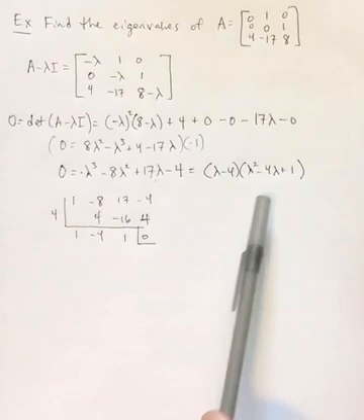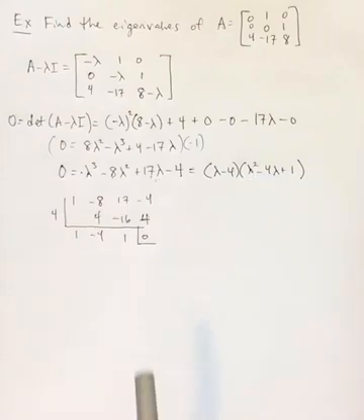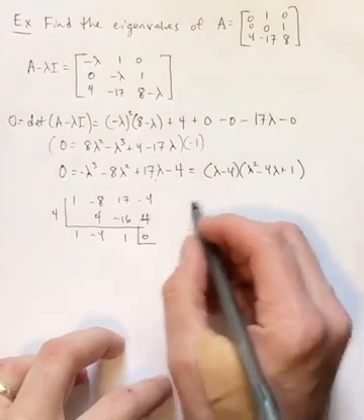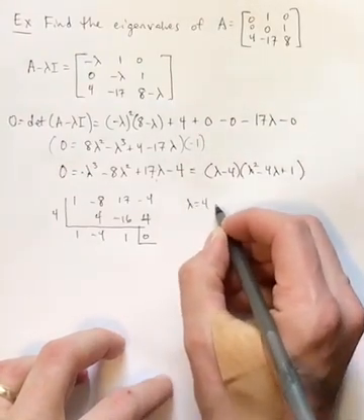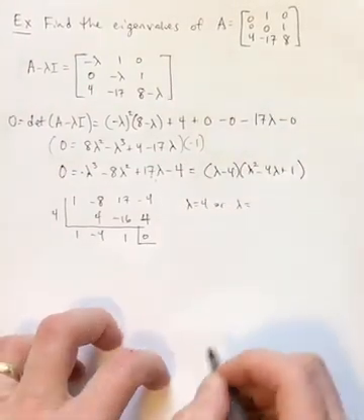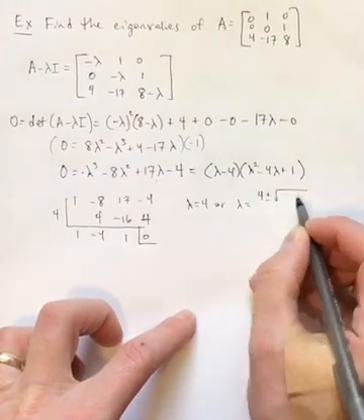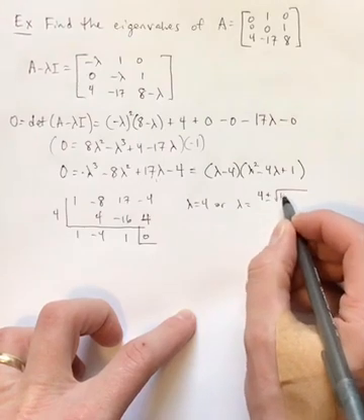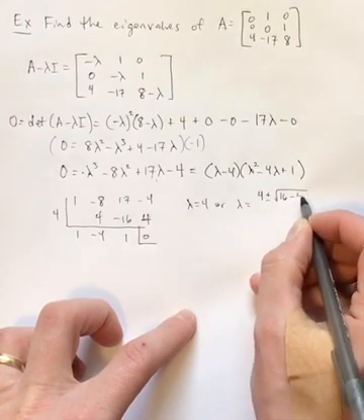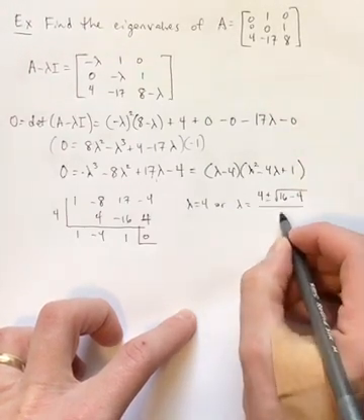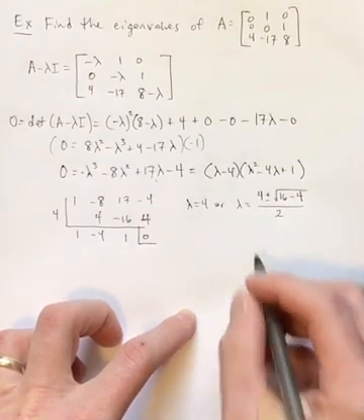This thing does not have integer solutions, but it's a quadratic, so we can use the quadratic formula. And so we get lambda equals 4 or lambda equals, and now I'll just use the quadratic formula. So negative b plus or minus the square root of b squared minus 4ac all over 2a.